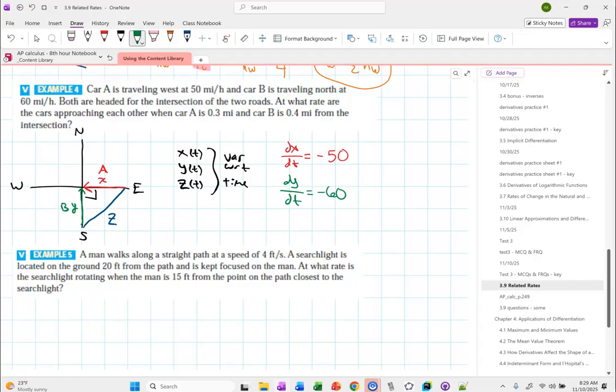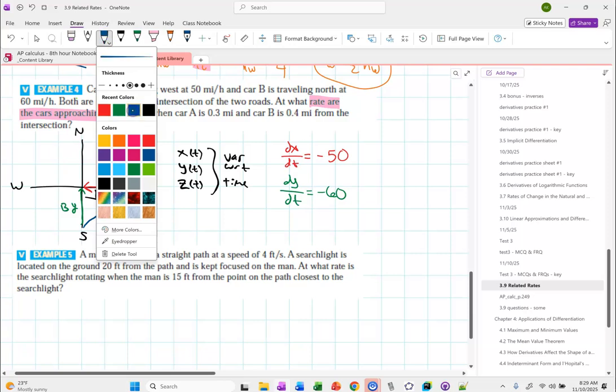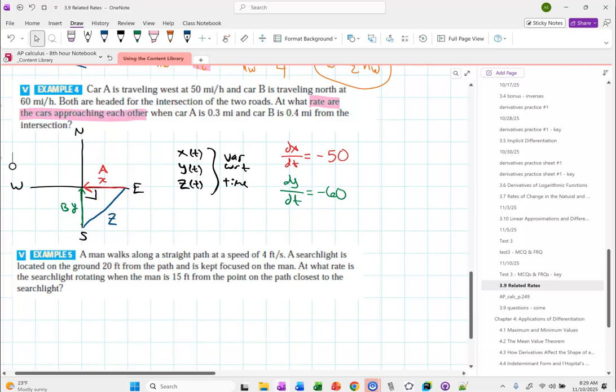At what rate are the cars approaching each other when car A is 0.3 mile and car B is 0.4 mile from the intersection? What rate are the cars approaching each other? What are we going to call that?